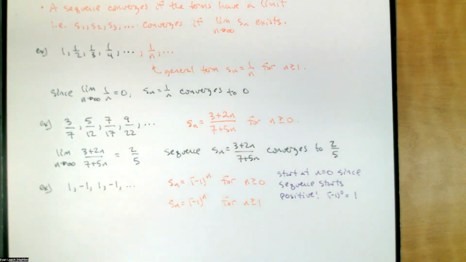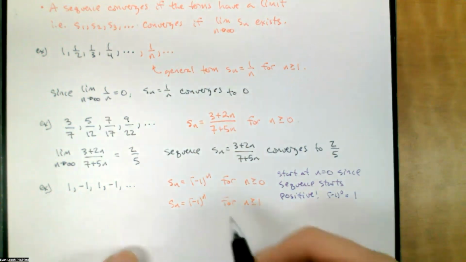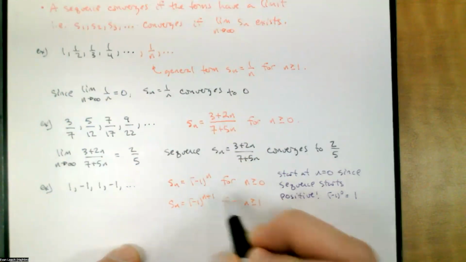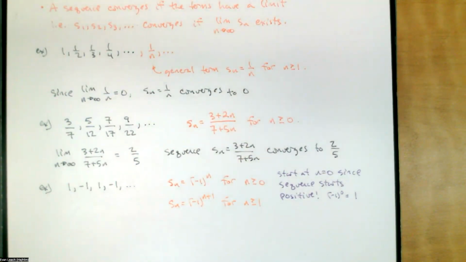So fine. This is a matter of taste, so we've got to go with the customer. I can still write -1 to the n, but that would start off negative. So I'll just add 1 or subtract 1. Now my first term is going to be -1 to the 1 plus 1, -1 squared, which is +1.